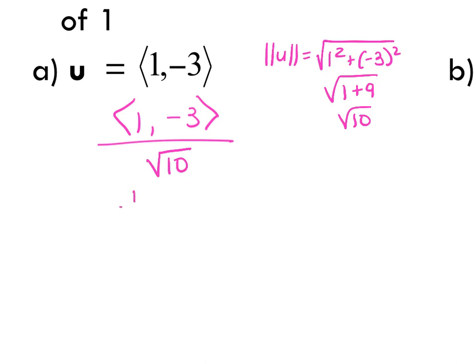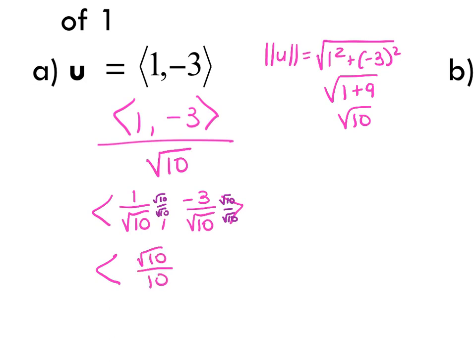It would be 1 over root 10 and negative 3 over root 10. And then we rationalize. So I multiply both by root 10, and I get root 10 over 10 and negative 3 root 10 over 10.